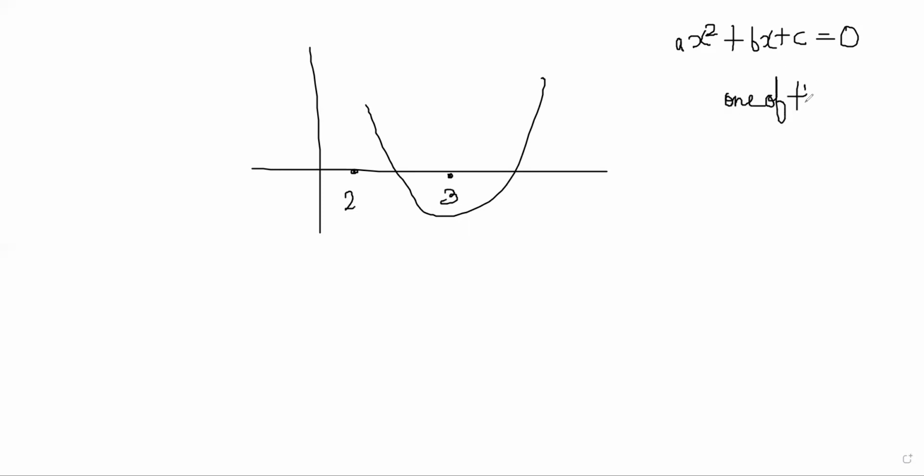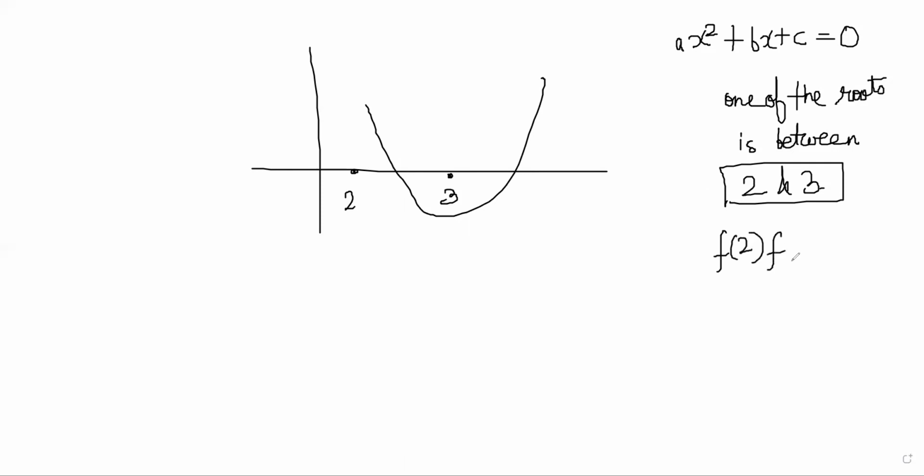Let's say you have an equation ax square plus bx plus c is equal to 0, and you have to say that one of the roots is between 2 and 3, right? So in that case, what you have to say is f of 2 into f of 3 must always be negative, right?